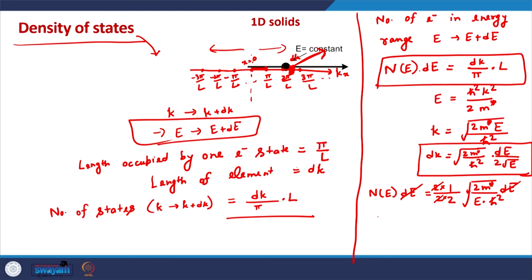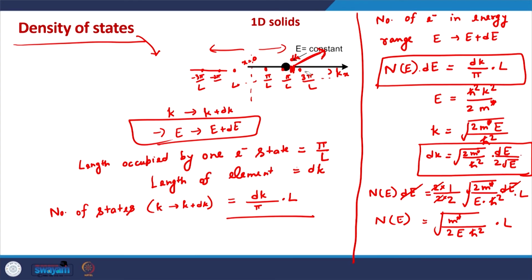So, what we are left with now, and there is a factor of L as well there, is square root of m star divided by 2E h bar square times L. Okay.